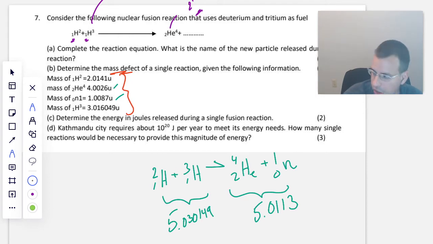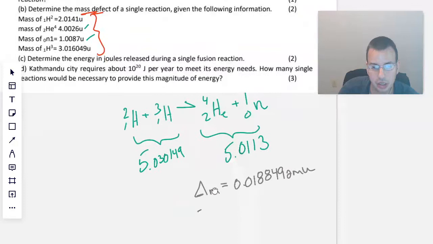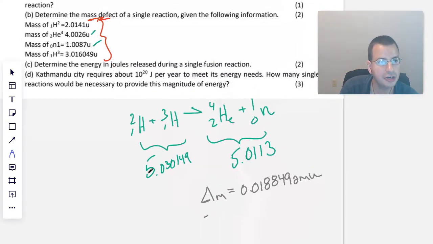It's the sort of thing where since you're taking a difference of 2 numbers that are very close together, you usually get a pretty small number. So for this, we're going to find the mass defect is equal to 0.018849, and this is atomic mass units. So here, we can now determine the mass defect. Bam, right there. Got it.